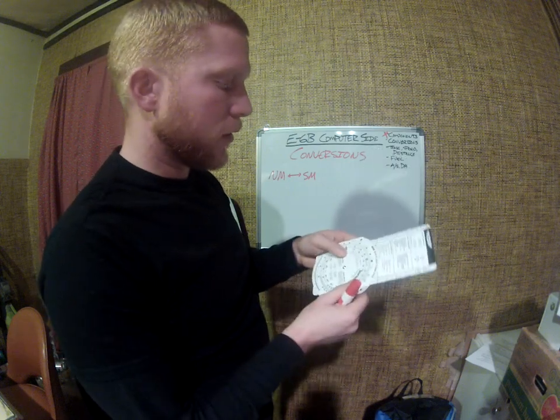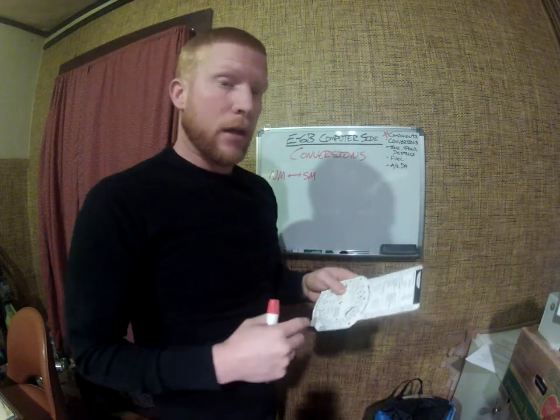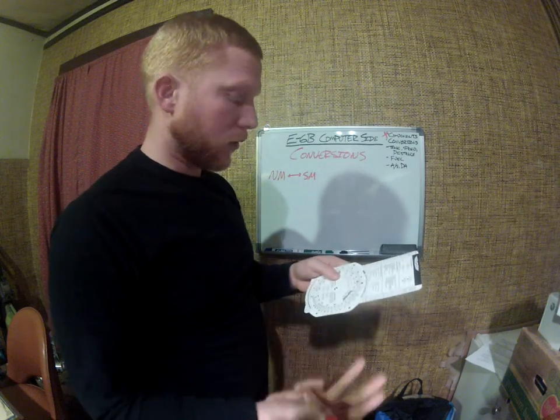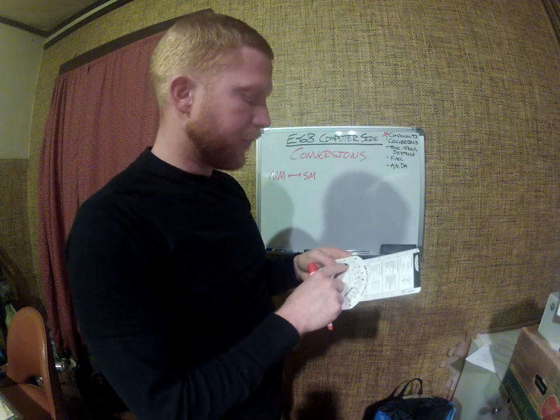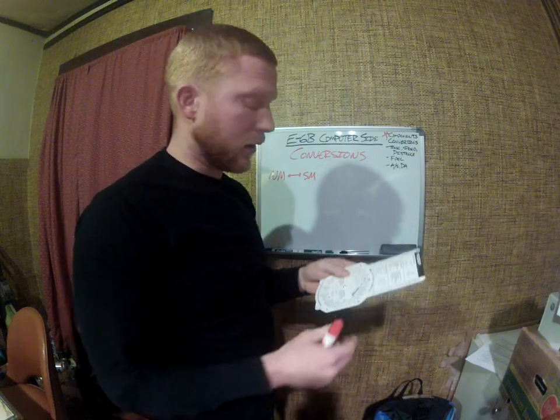So basically, whatever variable you're working with, we'll say nautical miles, you have a known distance of, say, 70 nautical miles, and you want to convert that to statute miles.